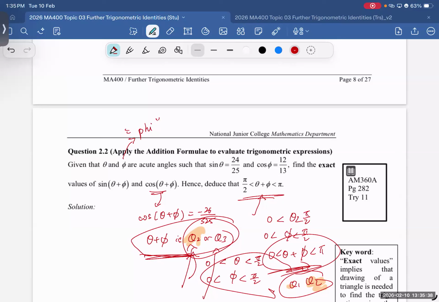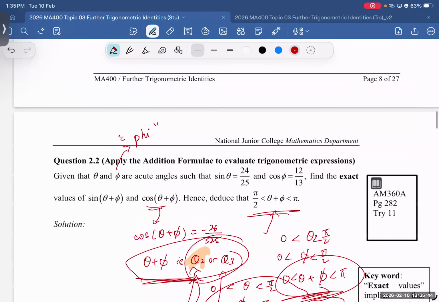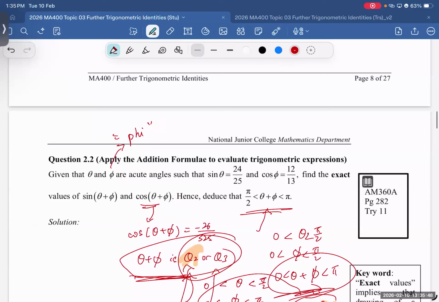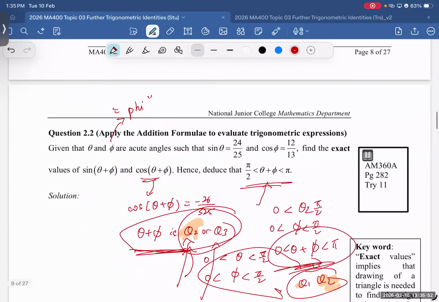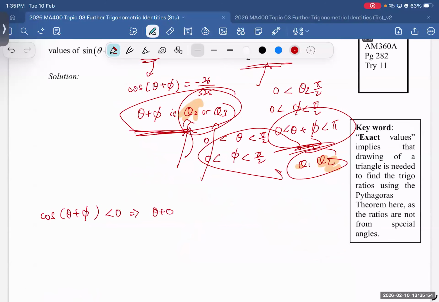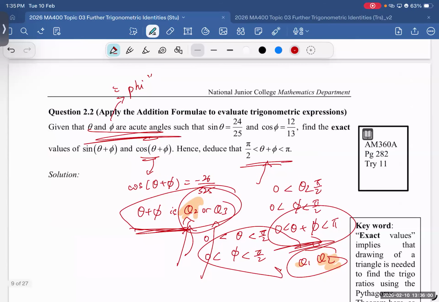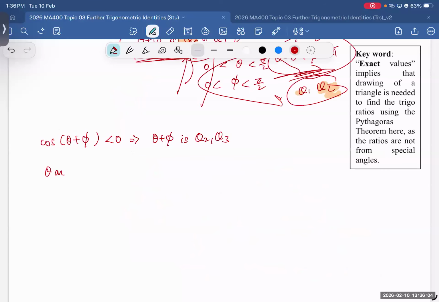It tells you that theta plus phi is... correct. Now you also know that the question says theta and phi are acute. Okay, please sit down.